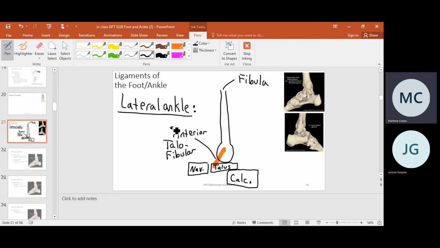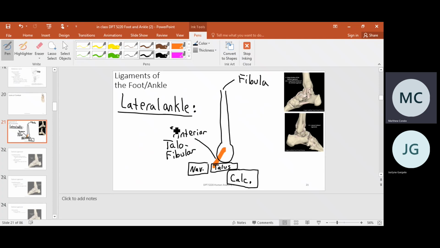Inversion, that's the easy one. What else we got? Okay, so inversion. Maybe plantar flexion. Who's going for plantar flexion? Who's going for dorsiflexion? Who's going for hip abduction? Okay. So plantar flexion and inversion is what it's going to prevent.